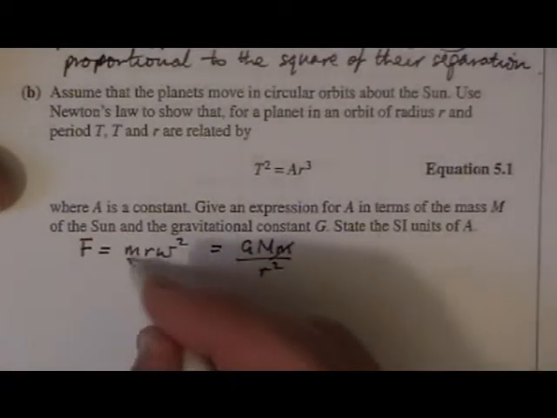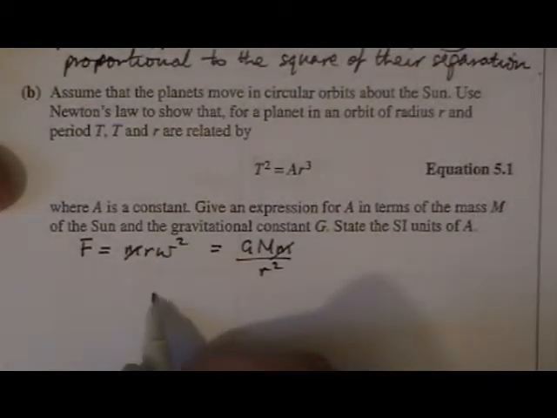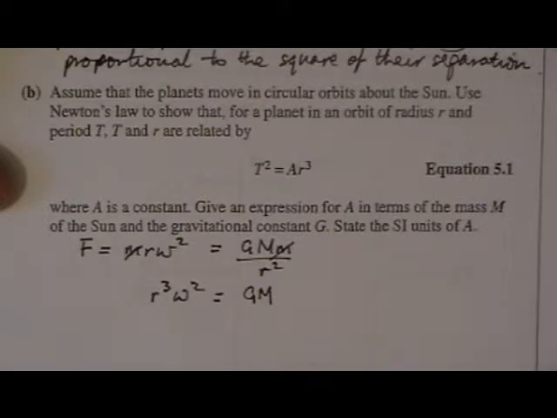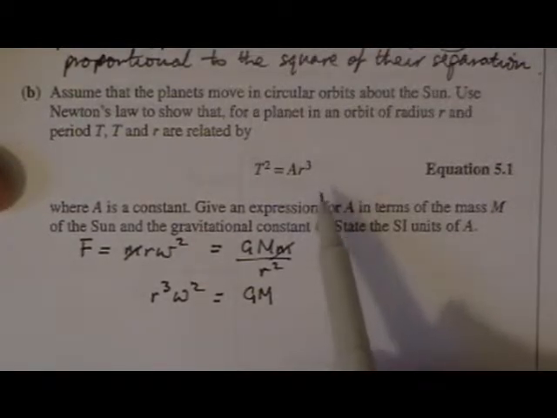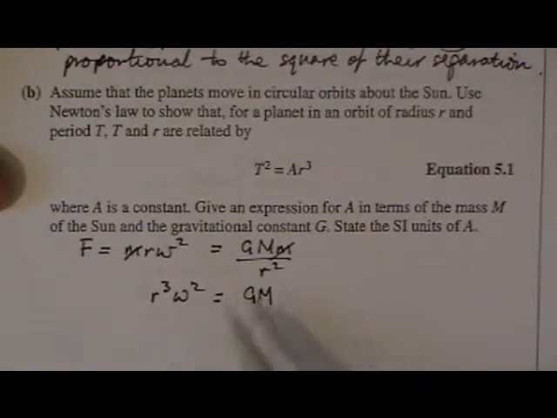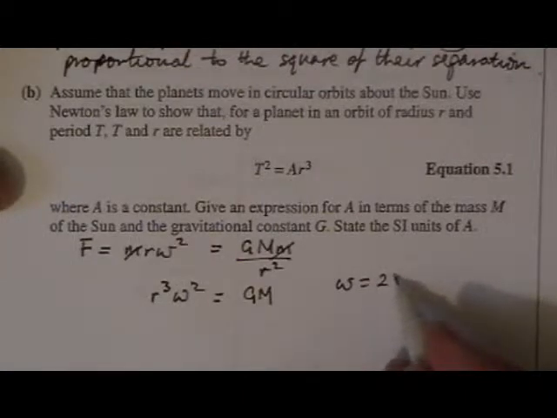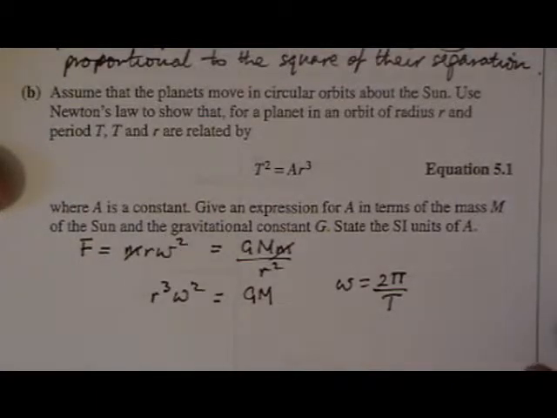That m is going to cancel out, so we're left with r cubed omega squared is equal to G times M. Now I've got the r cubed that I'm looking for, so I need to get t into this somehow. So the next thing that we need to say is that omega equals 2 pi over t, or t equals 2 pi over omega, whichever way you want to give that.